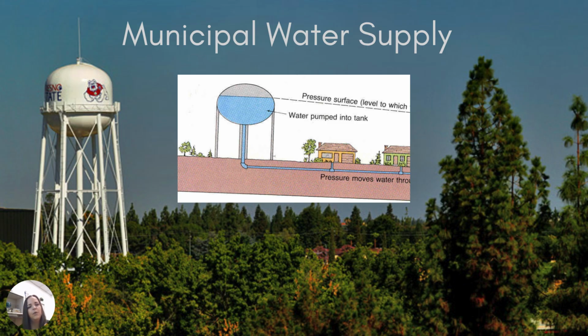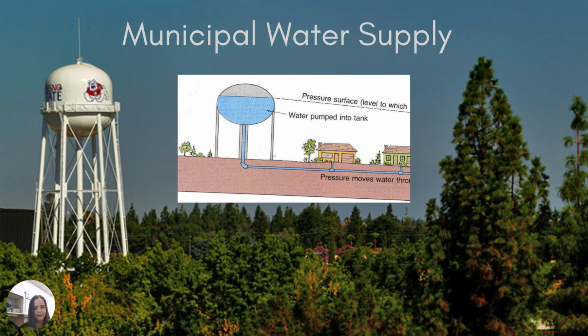All right, so I mentioned earlier that we use that water pressure to help move water from one location to another. So you might notice these large water towers in certain areas around town. They're not as common anymore. We're using a lot more electric power to move the water, but these increase the elevation of the pressure surface, and so that allows for it to push water down and into buildings.